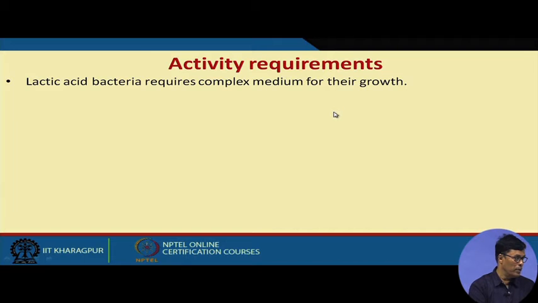But when you use pure chemicals, it is possible to define the exact composition. If the composition of the media is well defined, we call it synthetic media, and when it is undefined, we call it complex media. So lactic acid bacteria require complex media for their growth.